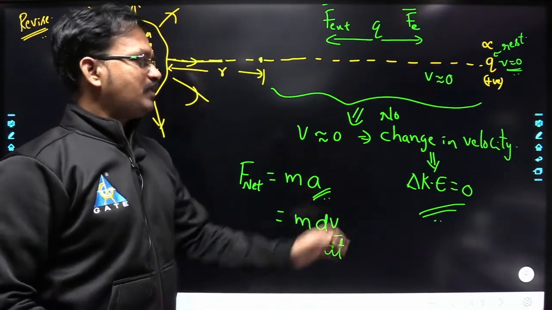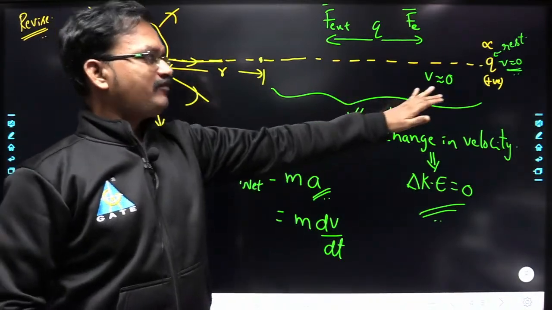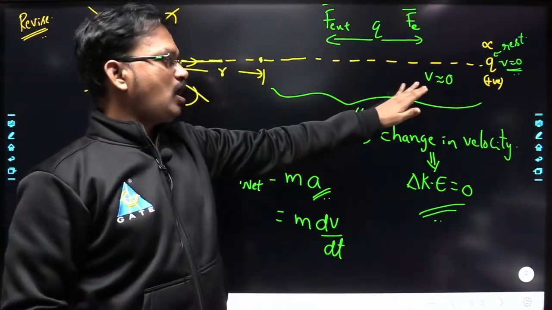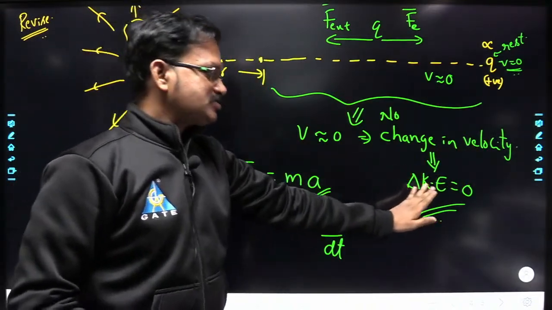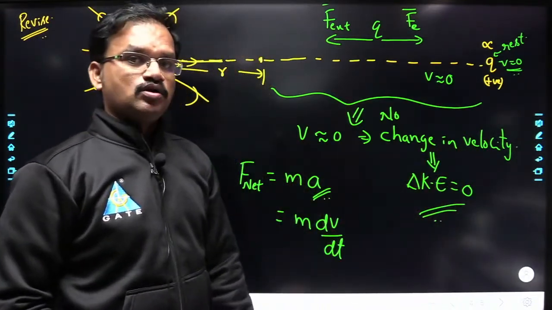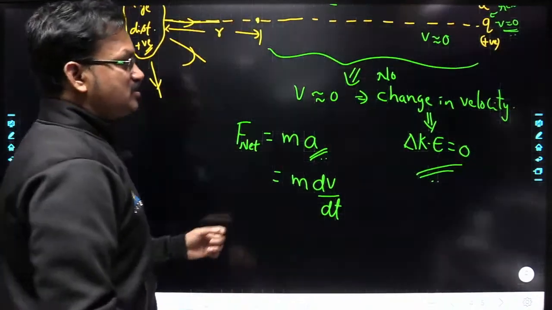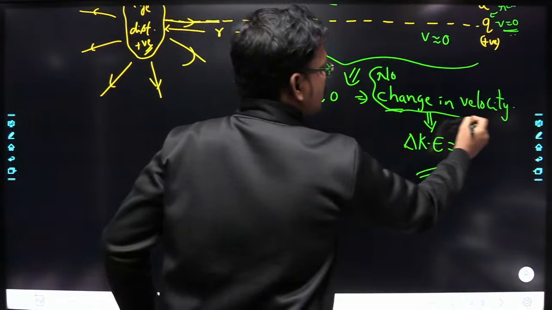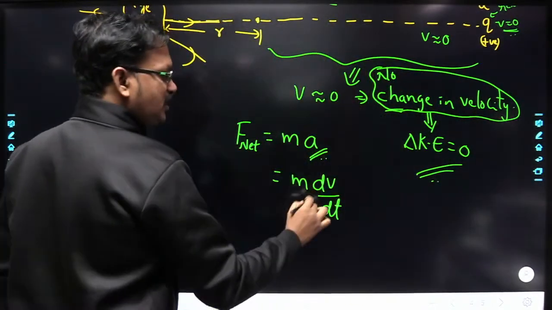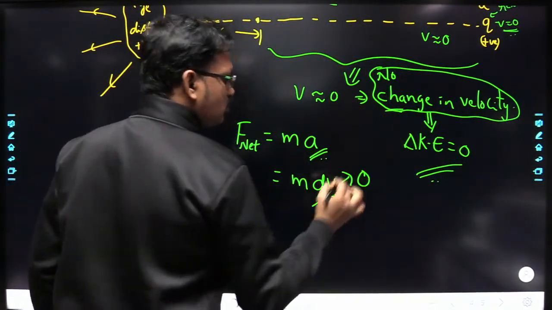But here, what is the assumption we are making? The velocity is approximately equal to 0, and we are assuming that there will be no change in velocity, and hence the change in kinetic energy is also equal to 0. So this dv by dt will go to 0.